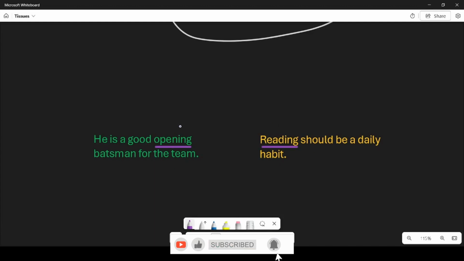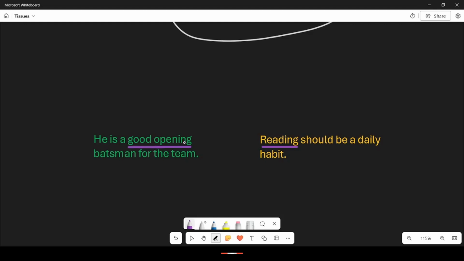Now, which of these is a present participle, and which is a gerund? Well, obviously we could find, because opening over here is talking about the batsman. Actually, we should look at the whole two words. Good opening batsman.